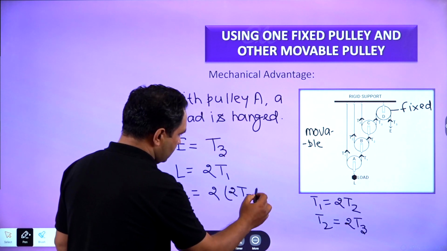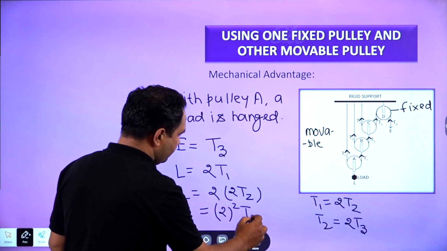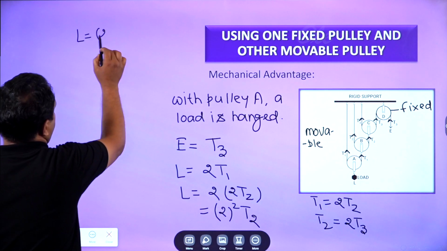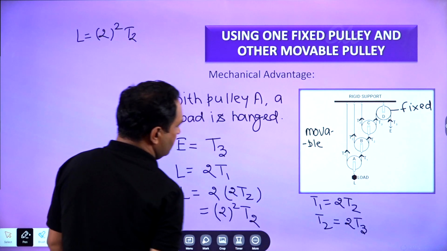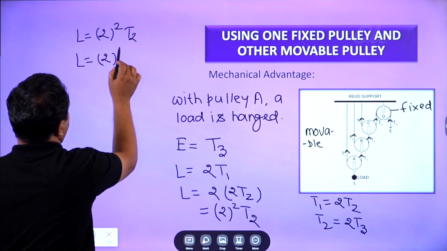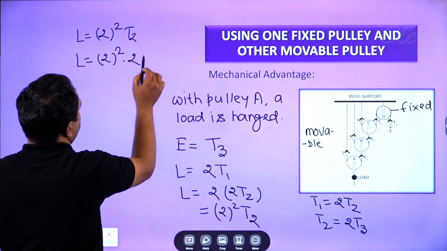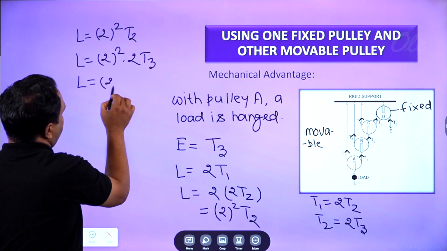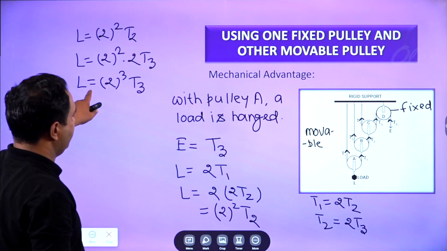So it will be equal to 2 square T2. Now what is the value of T2? We will put L is equal to 2 square into, in place of T2 we write 2T3. So it will be equal to 2 to the power 3 T3. So this is the value of load.